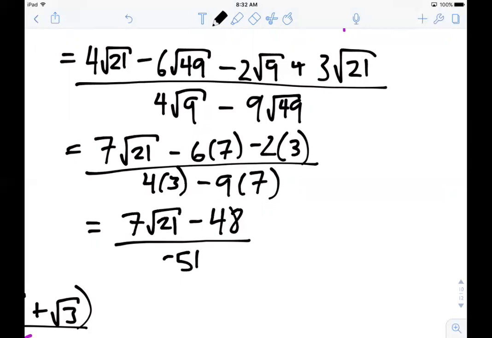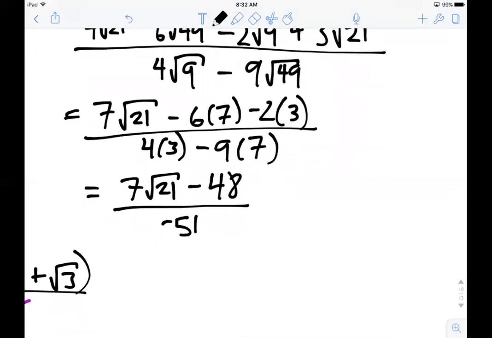And then the only additional thing we should do to fully simplify this is recognize that we should never have a negative in our denominator either. So we definitely don't want any radicals in our denominator, but we also don't want a negative in our denominator. So if our denominator is negative, we can instead make it positive and make our numerator negative in its place.